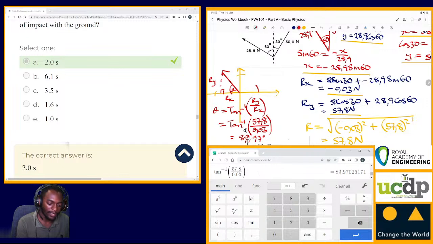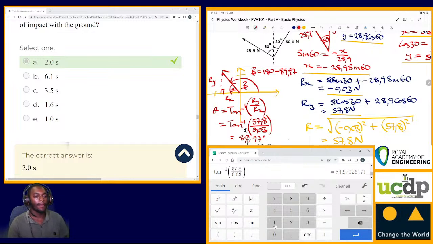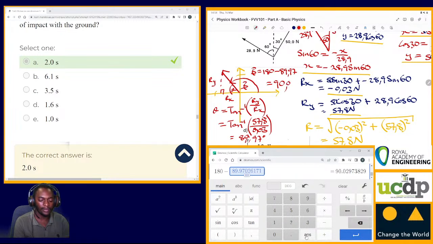Remember, we move anti-clockwise from the x-axis. This becomes our angle beta, so beta will be equal to 180 minus 89.97. So we get 90.03 as our final answer. Okay, so this is what we were supposed to do.